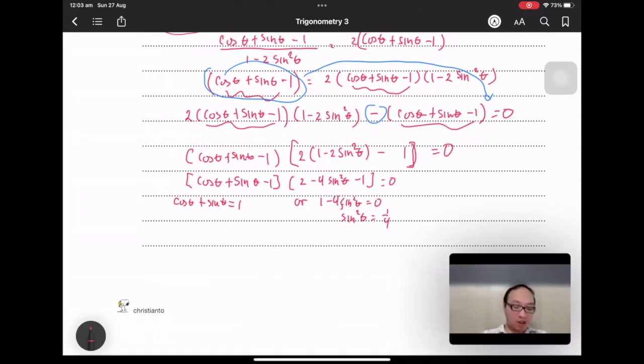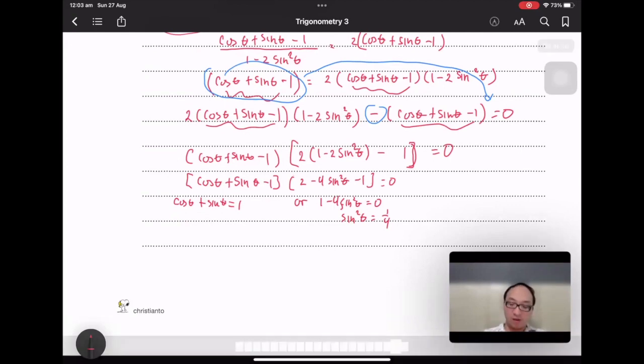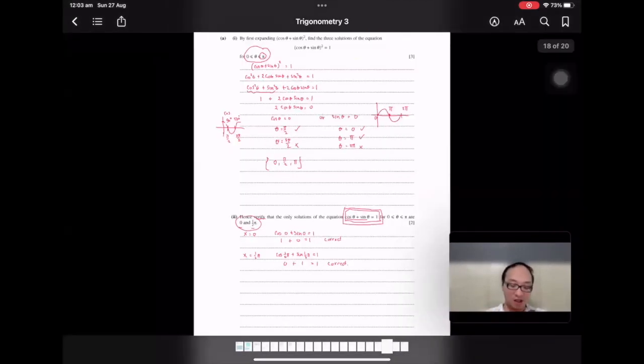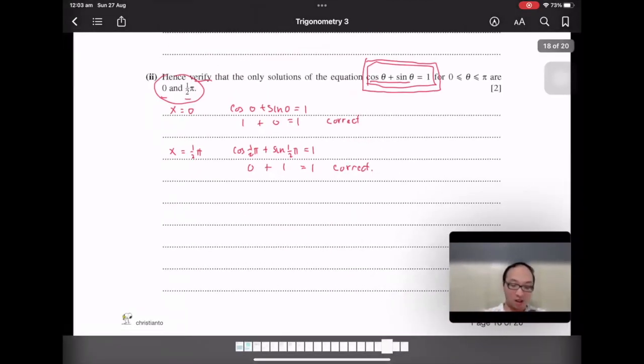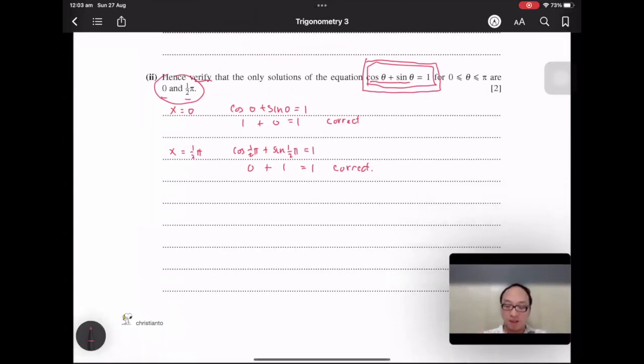For the left side, if we see from the answer in part II, cos theta plus sine theta equals 1 has solutions 0 and half pi.